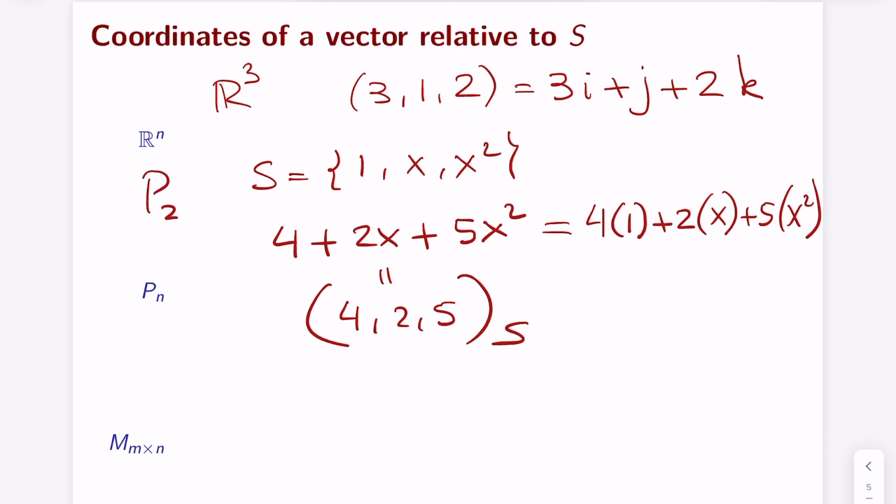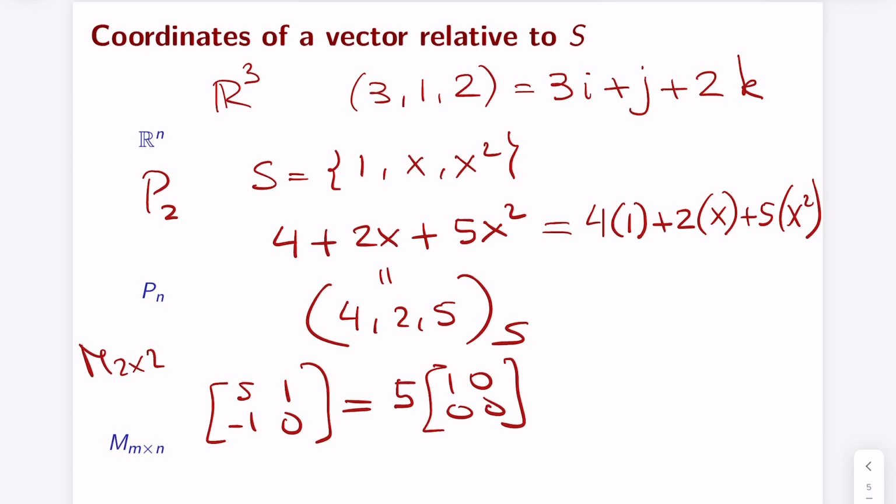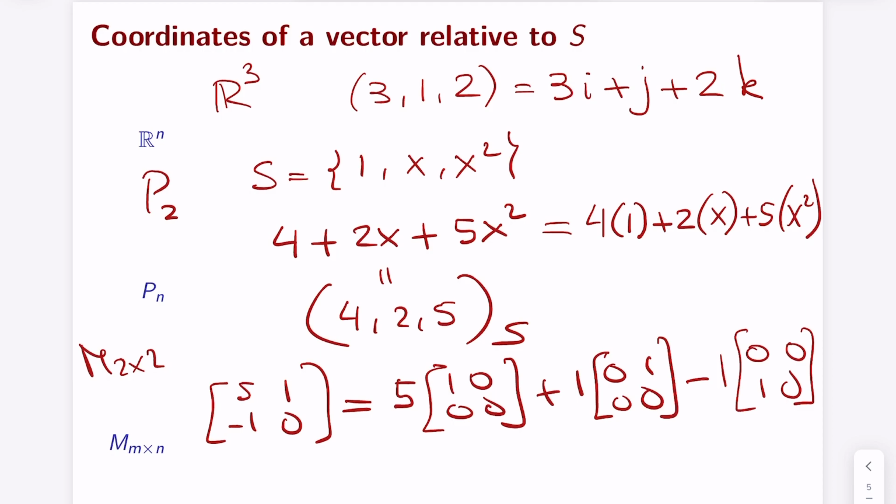Same thing in matrices. If we have any matrix, let's say 5, 1, minus 1, 0, what are the coordinates in the standard bases? This is a 2 by 2 matrix, so the standard bases are going to be 4 matrices, right? 1, 0, 0, 0, etc. Well, the coordinates are going to be 5 times this plus 1 times this minus 1 times this, and plus 0 times the last one, because we have a 0 here.